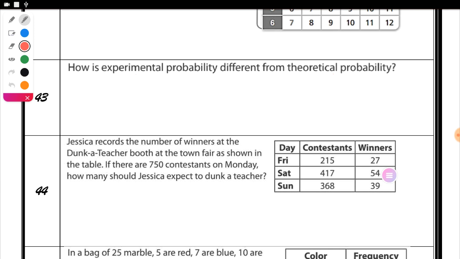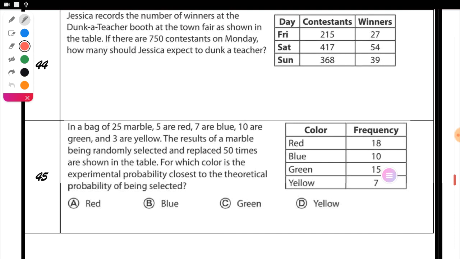44. Jessica records the number of winners at the Dunk a Teacher booth at the town fair as shown in the table. If there are 750 contestants on Monday, how many should Jessica expect to dunk a teacher? Let's calculate the probability of winners.